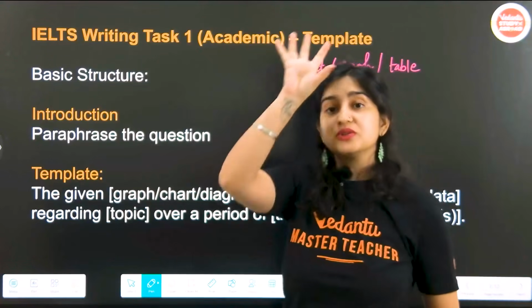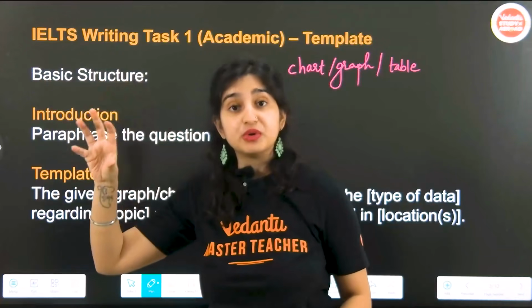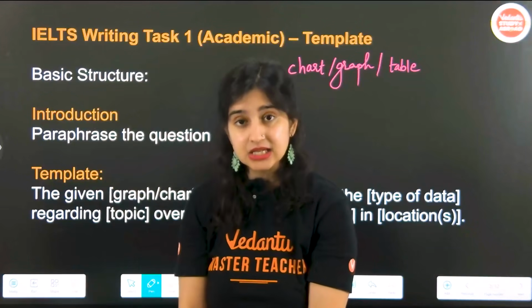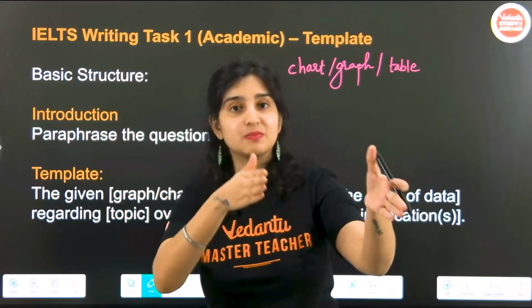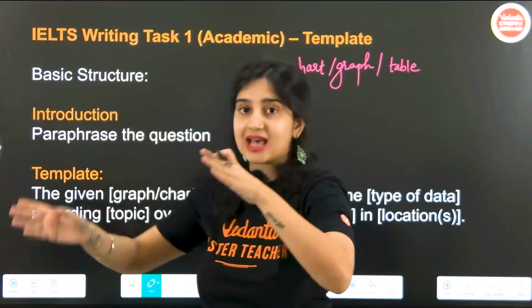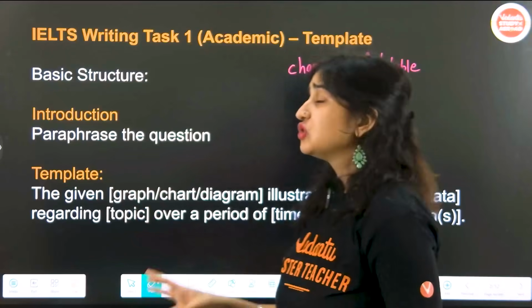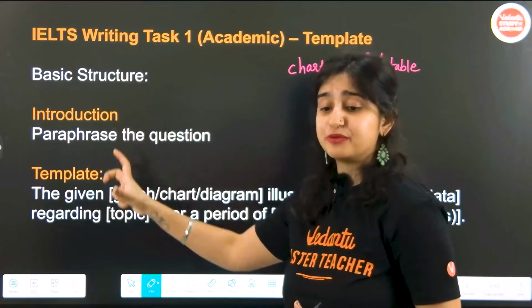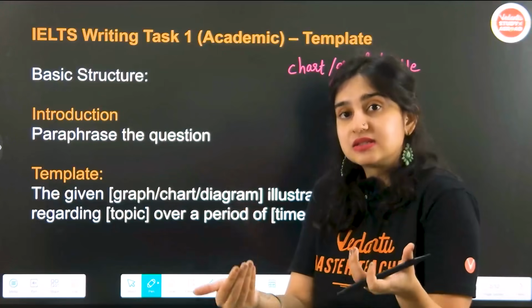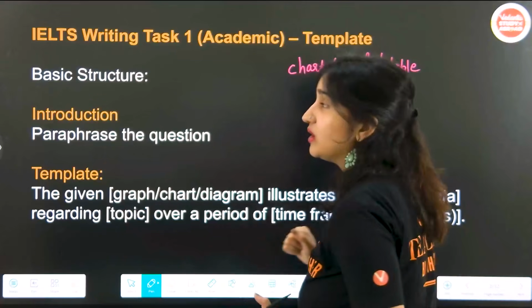The question is going to give you some sort of overview of what the data is. It'll tell you something like, this bar graph shows this happening from this time to that. You just have to rephrase it, and that serves as the introduction of your essay.